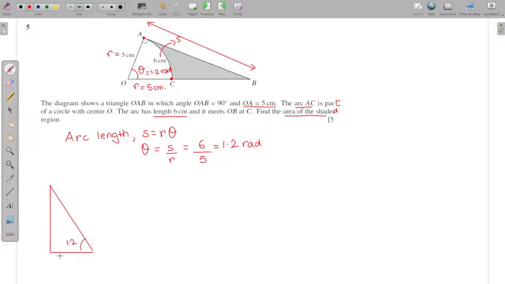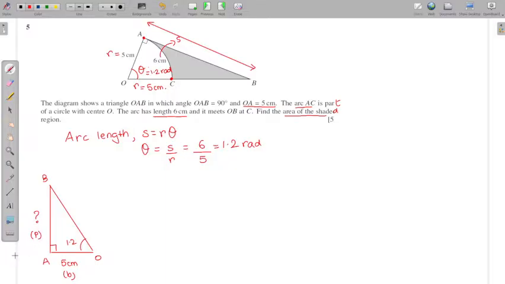This is O, this is A, and this is B. So this is 1.2 radians. So AO is 5 centimeter, and we want to find out side AB, and this is 90 degrees. So this is the base, and this side is the perpendicular.